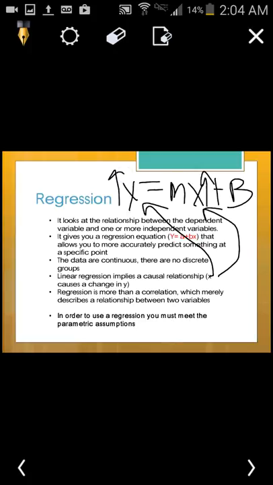So you increase x, you increase y. Decrease x, decrease y. Regression is more than a correlation, which merely describes a relationship between two variables. In order to use a regression, you must meet the parametric assumptions.